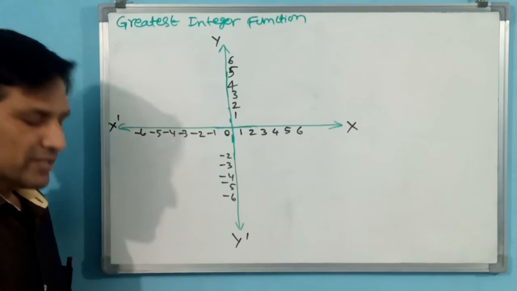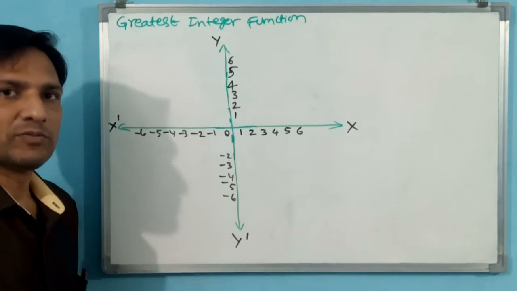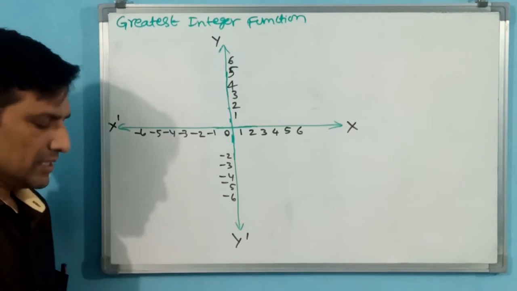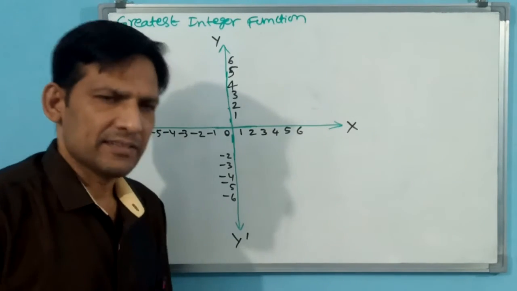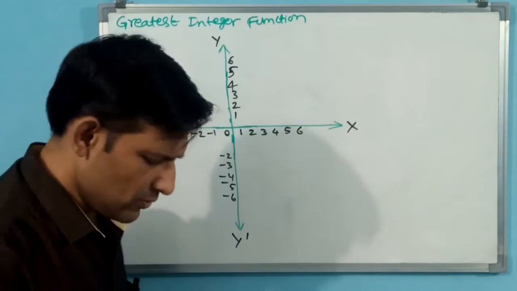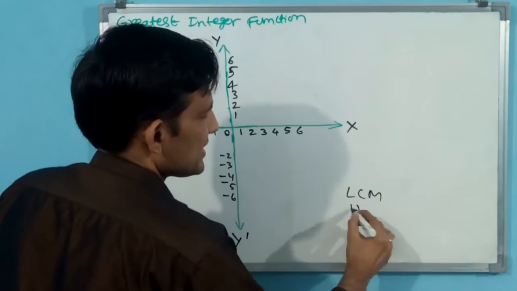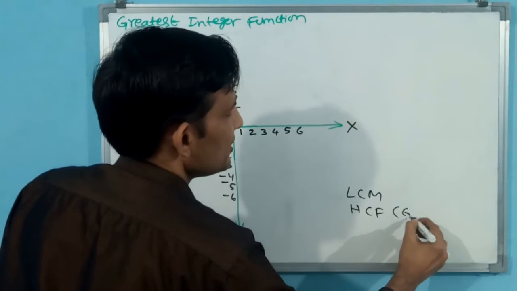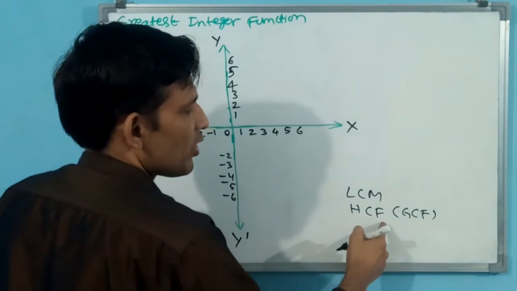What the greatest integer function is we will understand, and we will see the domain and range of these functions also. In our earlier classes, even 9th and 10th, we came to know LCM, GCF, HCF. HCF is also called GCF, greatest common factor or highest common factor.